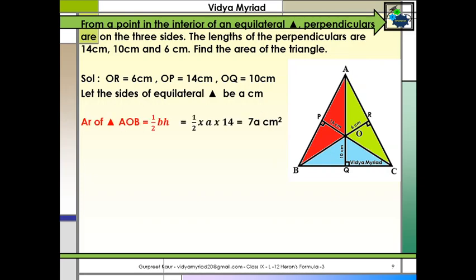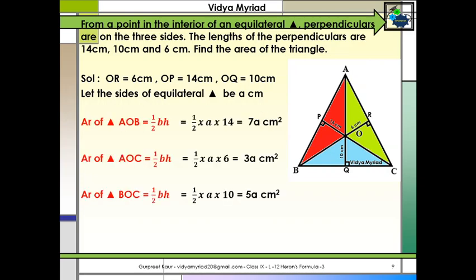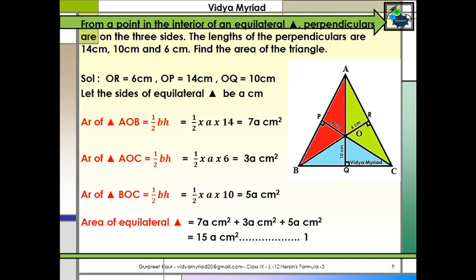So it will come like this. So area of triangle AOB, area of triangle AOC and area of triangle BOC all calculated separately, and total area of equilateral triangle has come as 15A centimeters square.